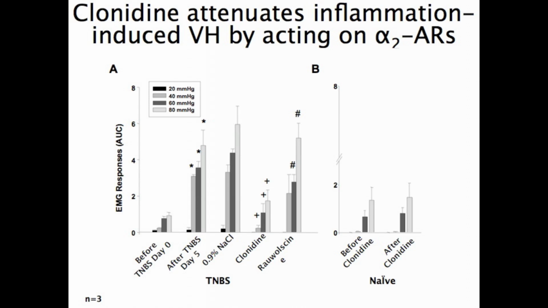Clonidine's vehicle had no effect. When we give clonidine, visceral hypersensitivity is attenuated. And then we wanted to see, is this effect through alpha-2 adrenoceptors? And to do that, we gave a drug that works opposite of clonidine. So rauwolscine is an antagonist at the alpha-2 adrenoceptor. And it does return some of the visceral hypersensitivity. Not completely, but that's probably dose dependent.